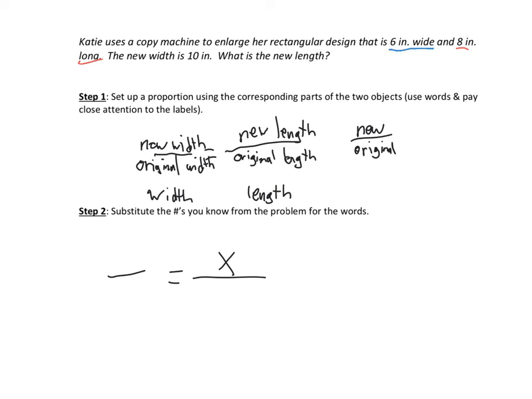Those are originals. The new width is 10. So let's fill in the new width first. New width, 10 inches. The original width was 6 inches. And the original length was 8 inches.